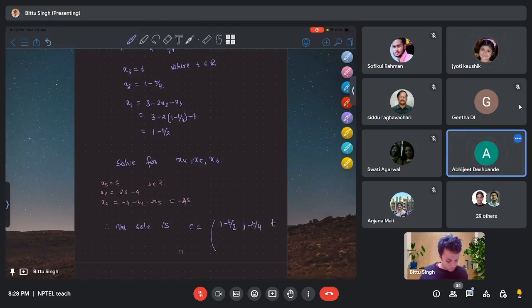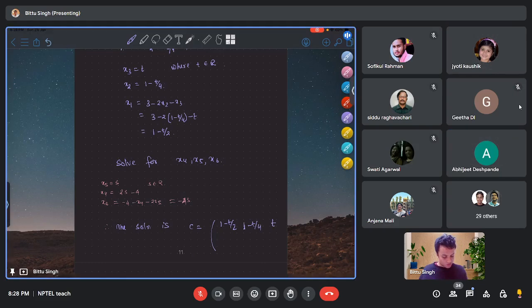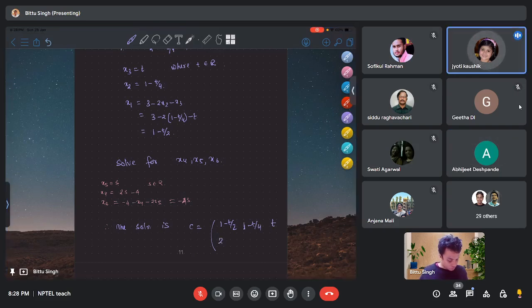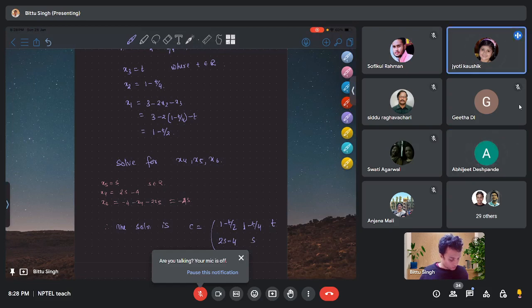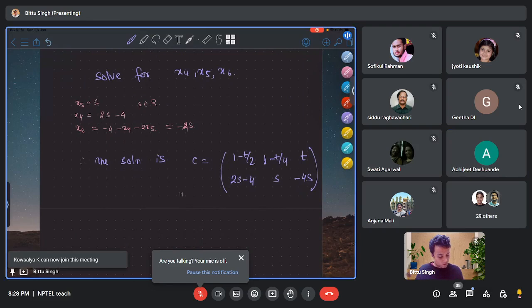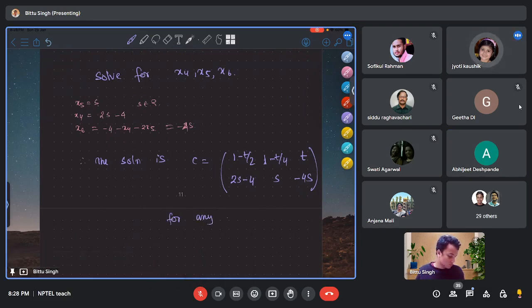And then x4, x5, x6 are 2s minus 4, s, s minus 4s. So any such solution will work, for any t and s belonging to the real numbers R.